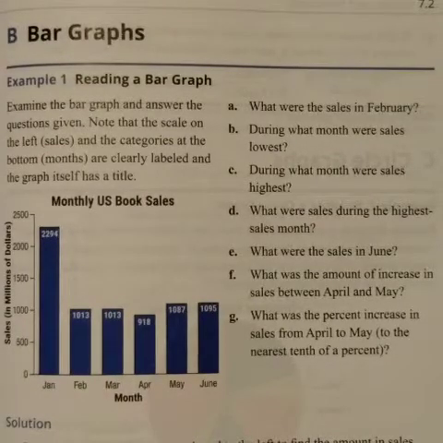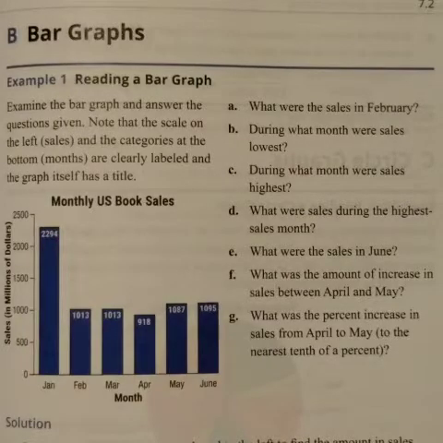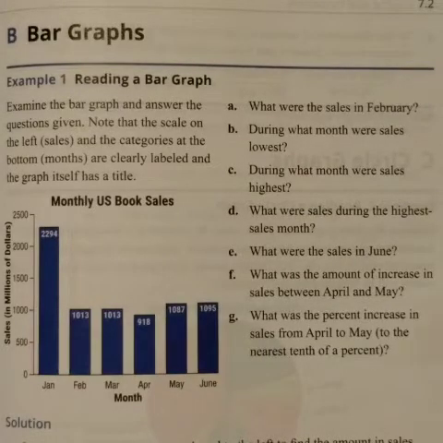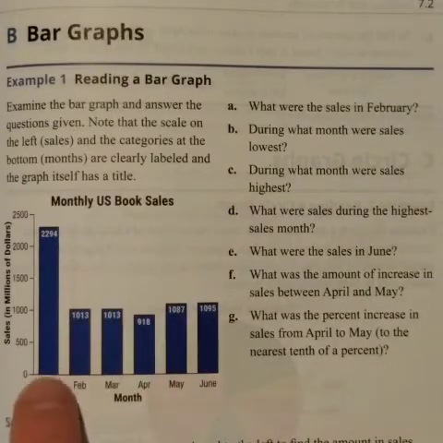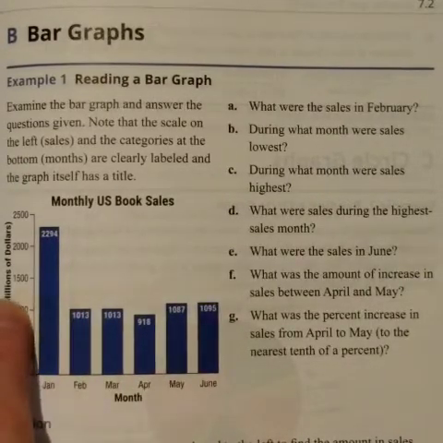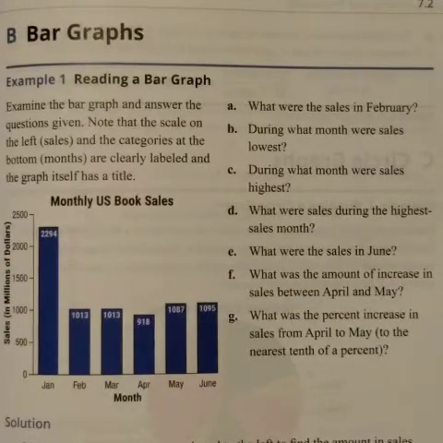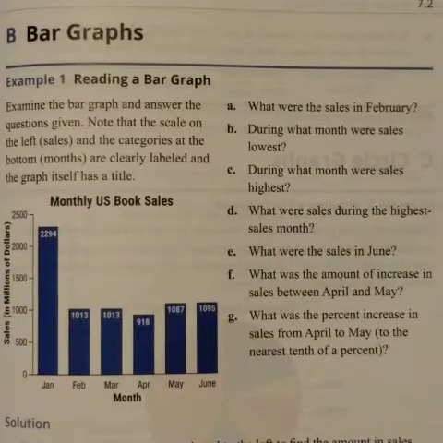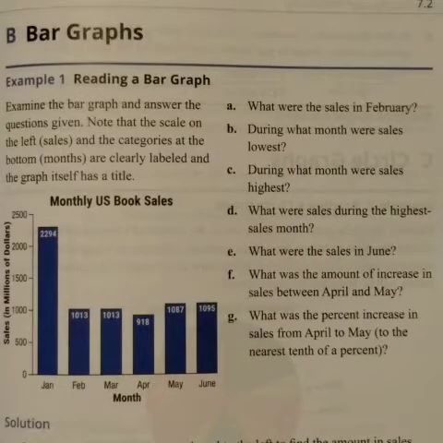I don't need a paragraph or anyone telling me. I can just read those three things and I understand that this is the amount in millions of dollars spent on books in the United States each month. That's a pretty clear description.